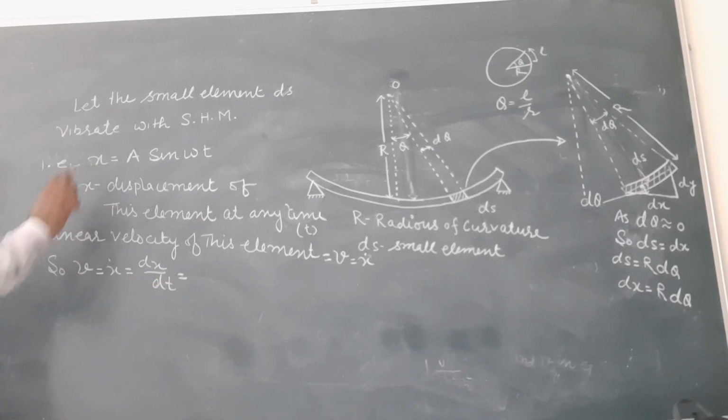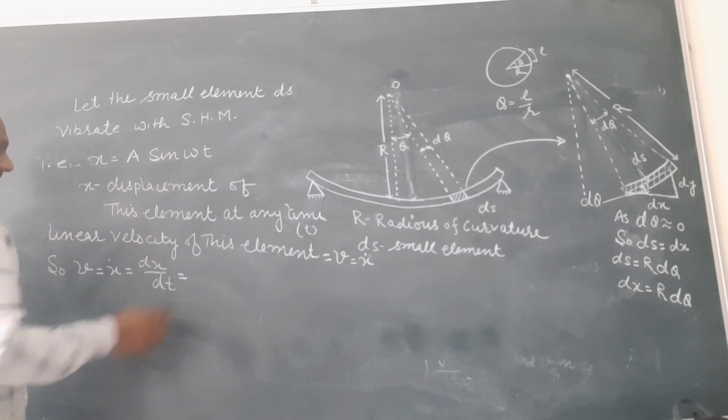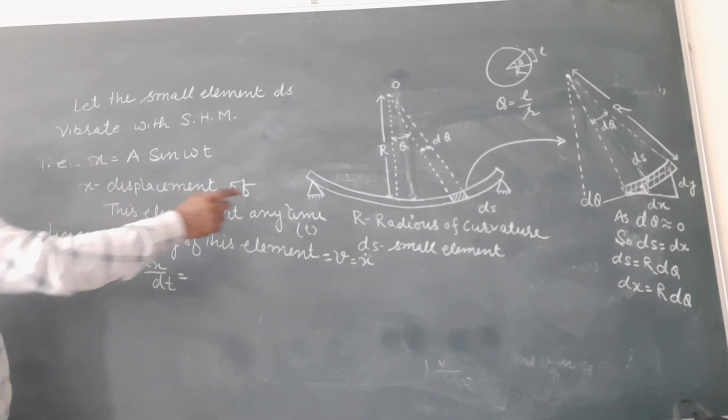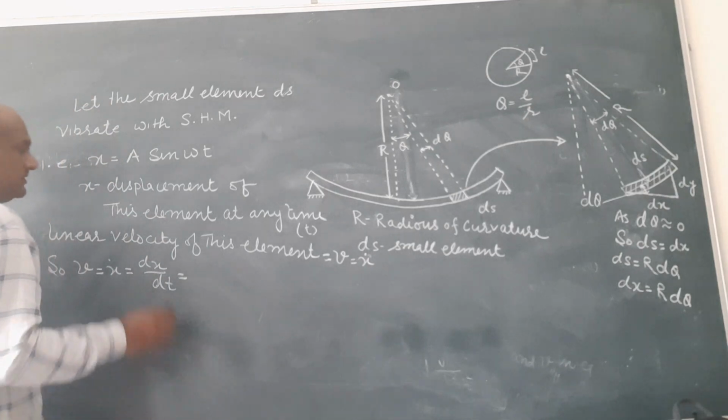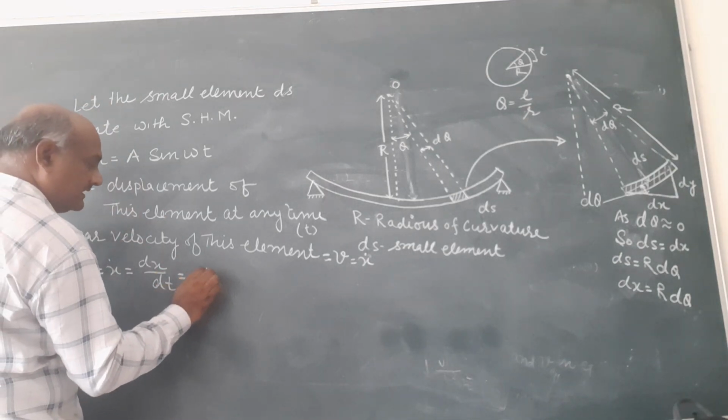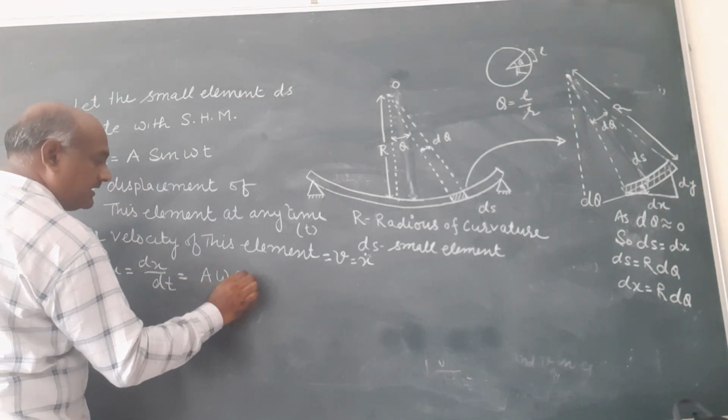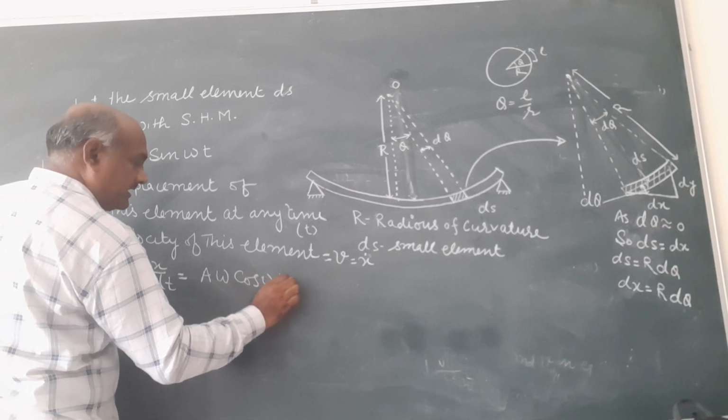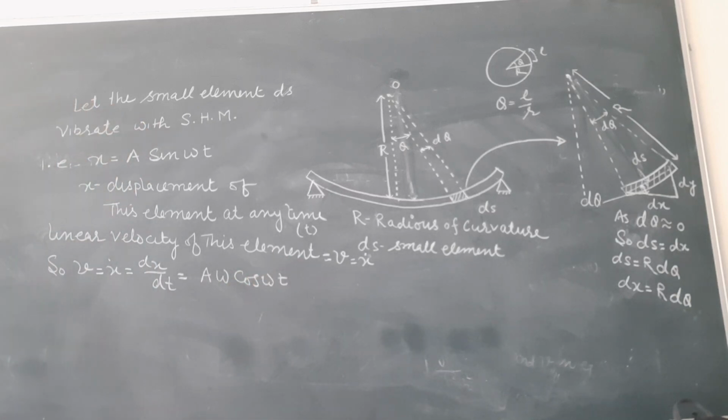We take the differentiation of this equation and we get the velocity of this element, which will be equal to A omega cos omega t.